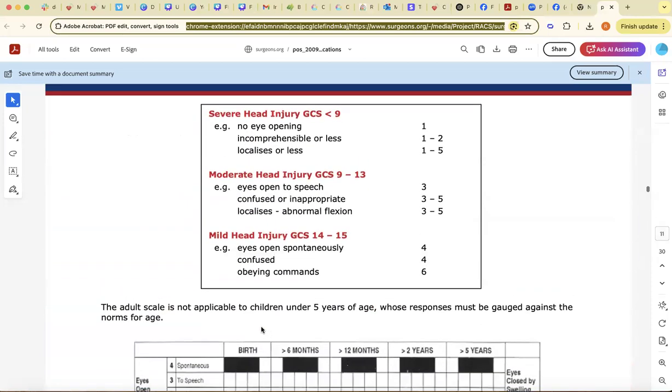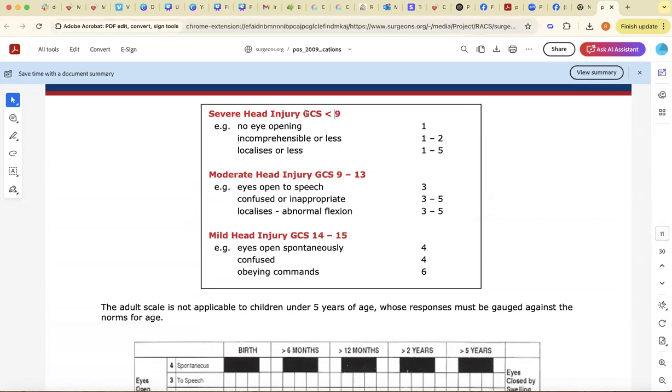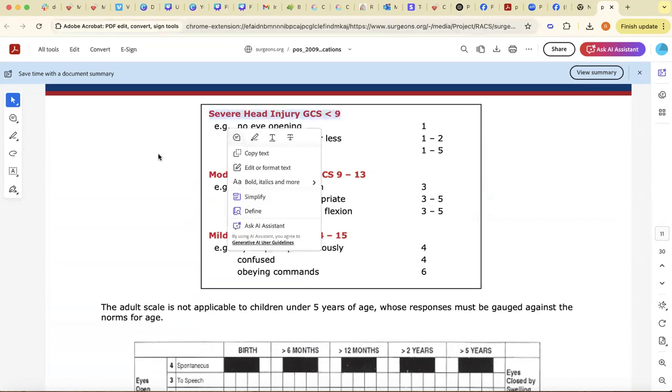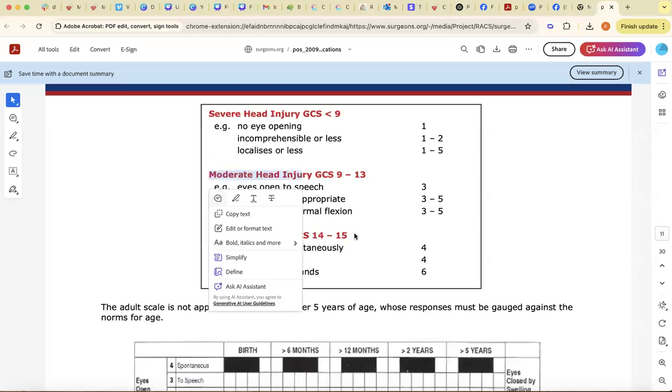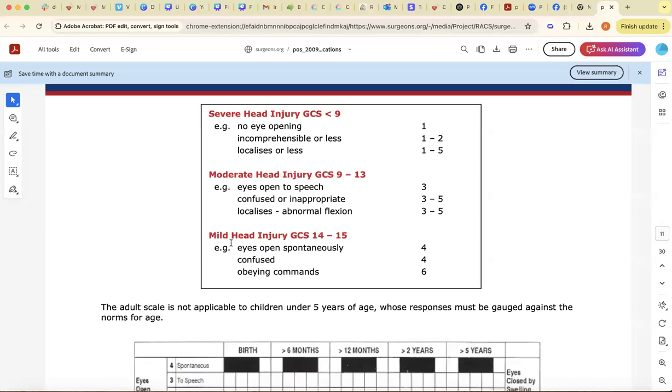So any patient who has head injury and their GCS is less than 9, it automatically becomes a severe head injury. GCS between 9 to 13 is moderate head injury, and GCS between 14 to 15 is mild head injury. So remember this because it will help you in the exam. Most of the time with head injury questions, they will give you the GCS.